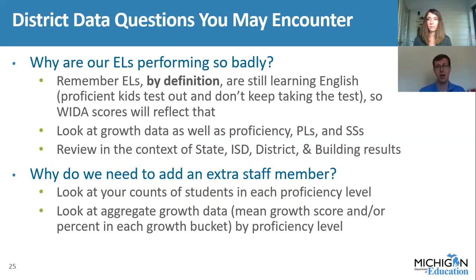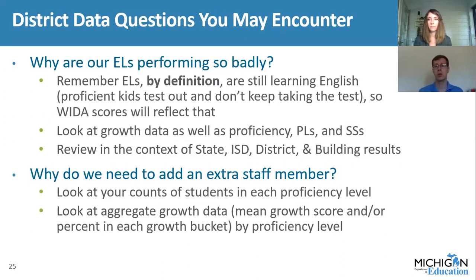We can actually say, that's above the state average in that year. And so that helps give a context of, okay, our program is not awful. This is just a very challenging thing, and it takes time. These students work through the scale. It's not that we work really hard, and in 1 year, we jump across the scale. It takes multiple years. And these come into play then when you're talking about extra staff members.